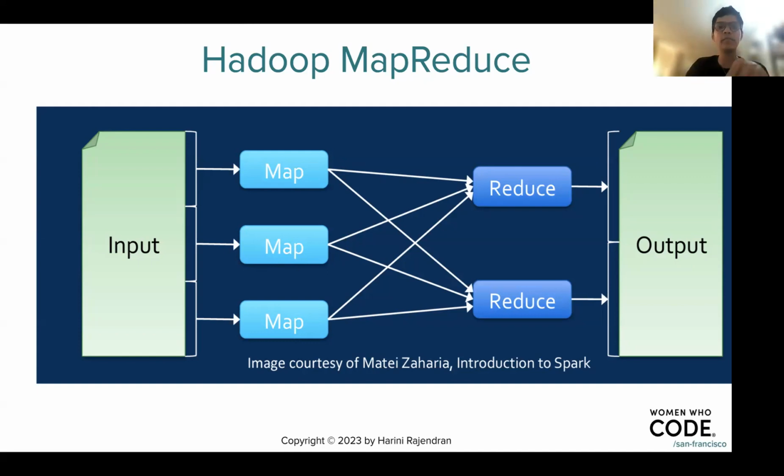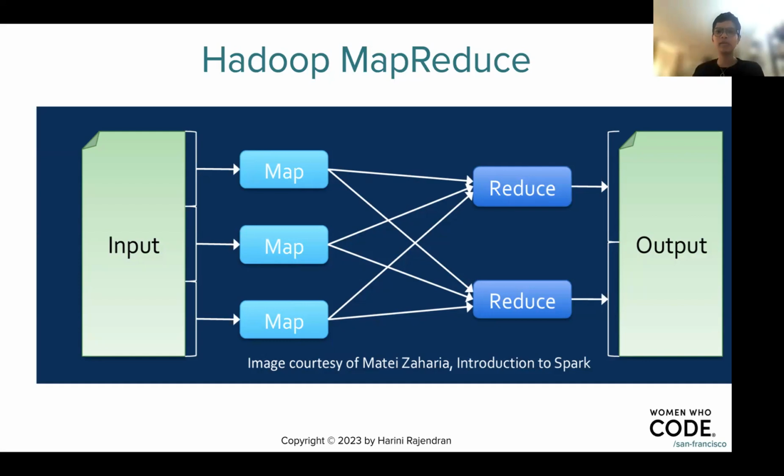But at a high level, the mapper does some work, generates some intermediate result, and stores that intermediate result on disk. Then the reducers read all of those intermediate results from disk, do some more work, and the final output result is stored on disk again.